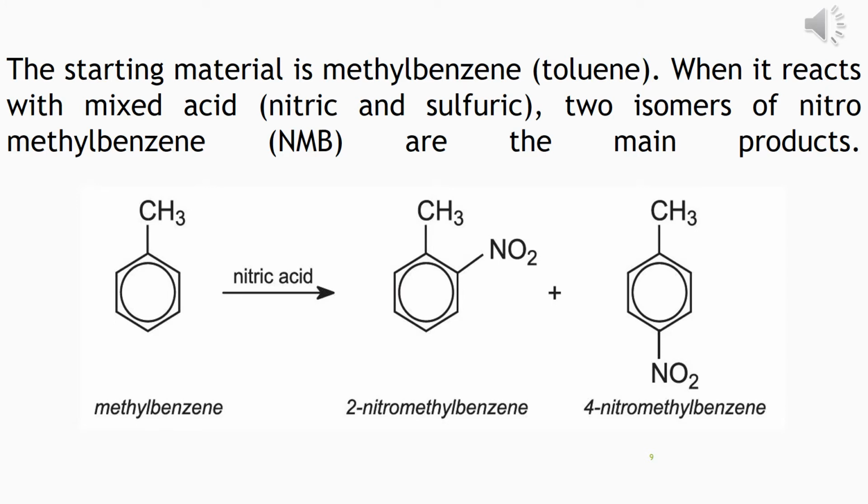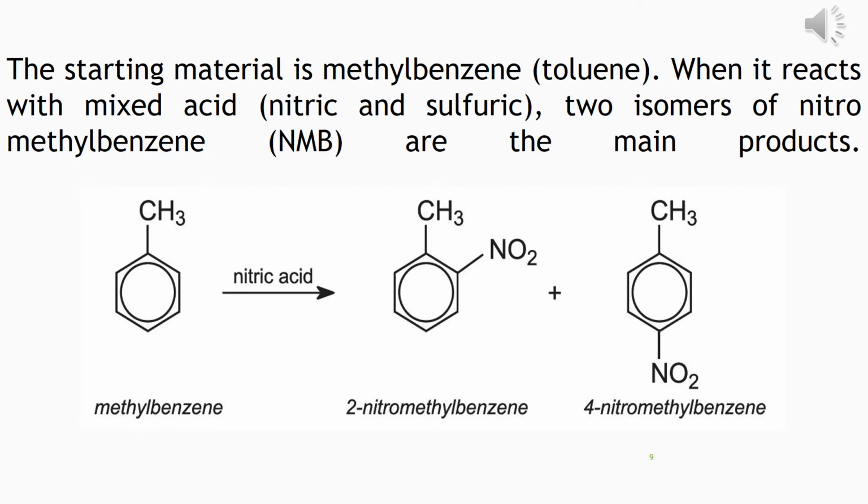So the starting material is methyl benzene, that is called toluene. When it reacts with mixed acid, nitric acid and sulfuric acid, two isomers of nitromethylbenzene are the main products.